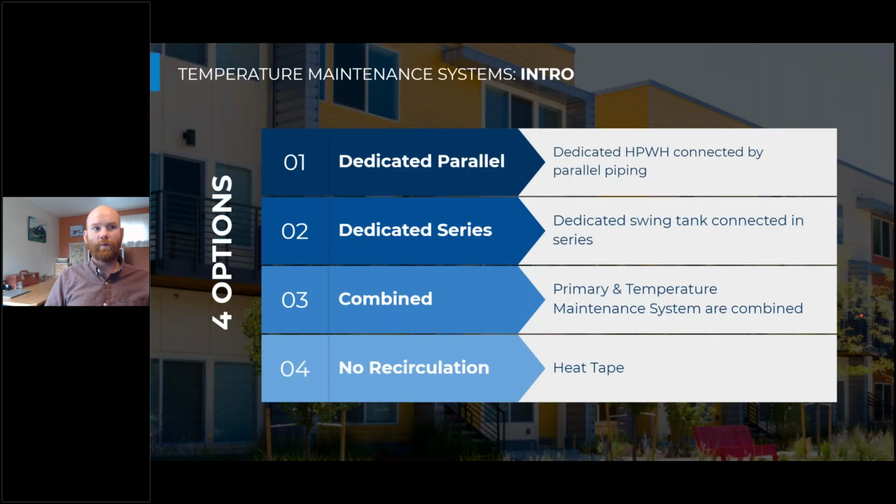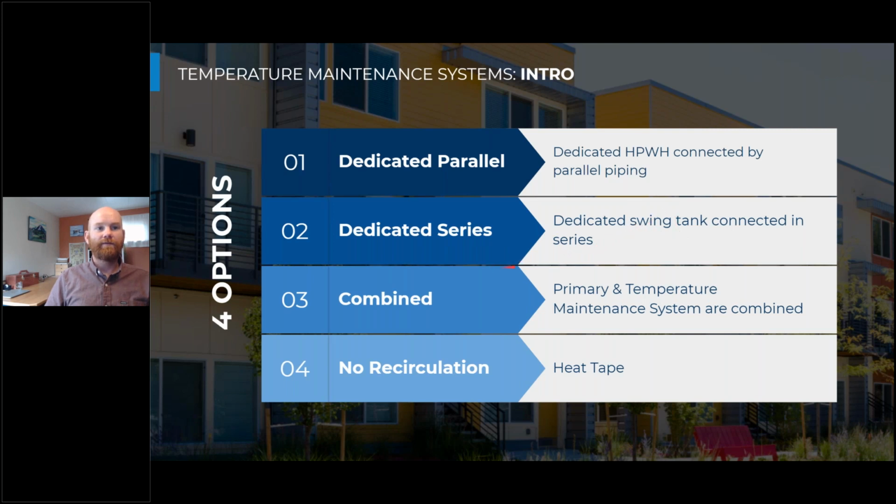And so we have 4 systems or options we're going to talk about today. We have the dedicated parallel system, which is our Jackson Apartments example, as well as a few others. We have our dedicated series example, which is the swing tank concept.